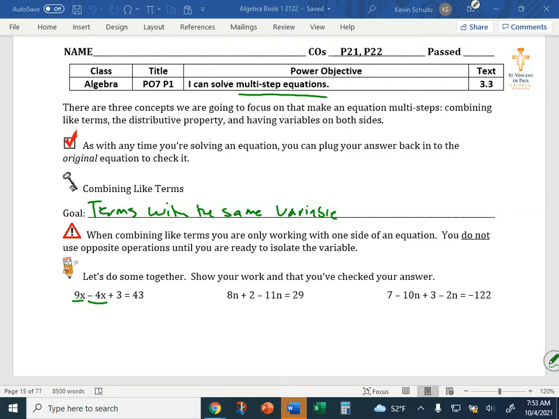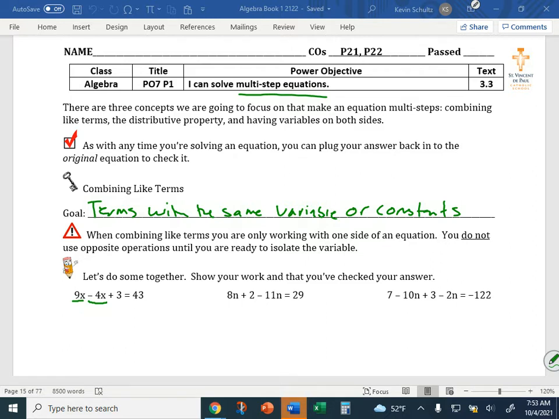What else could we combine, Kylie? Constants, right? Terms with the same variable or constants are considered like terms. There are others we call like terms, but for our purposes here, we're going to focus on that.